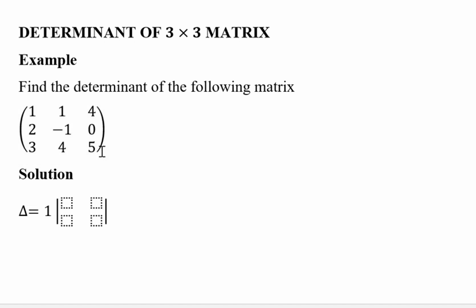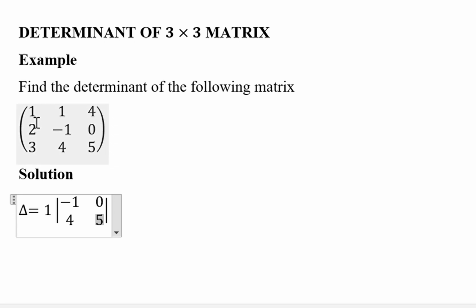We shall have it like this. So bring this -1, write it here. This 0, you write it here. This 4, you write it here. And this 5, you write it here. These are the elements that remained when we mentally cancelled the row and the column on which this one is.